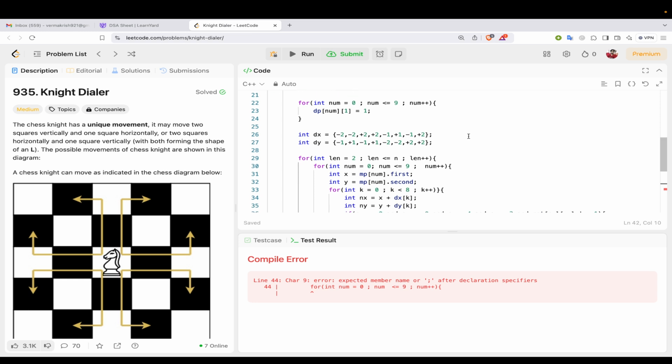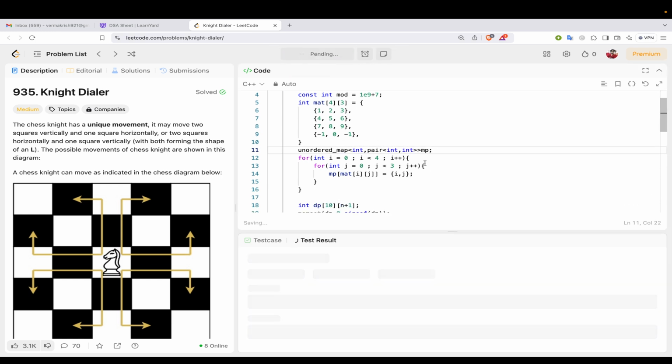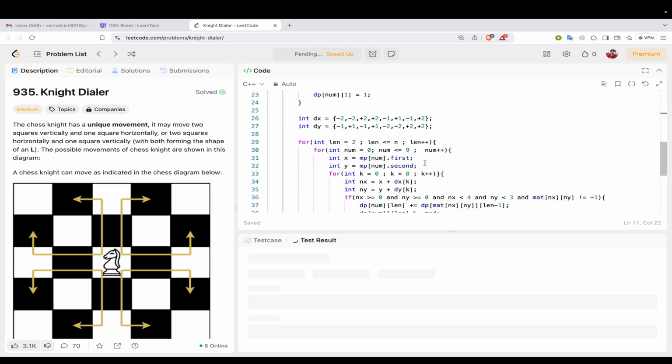After declaration, my internet is connected, so why is it showing line number 44? We missed it here, unordered map. Now it should give the correct results.